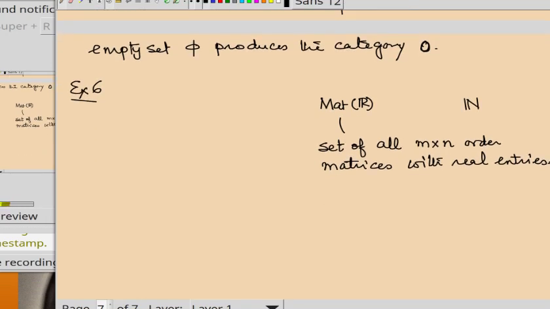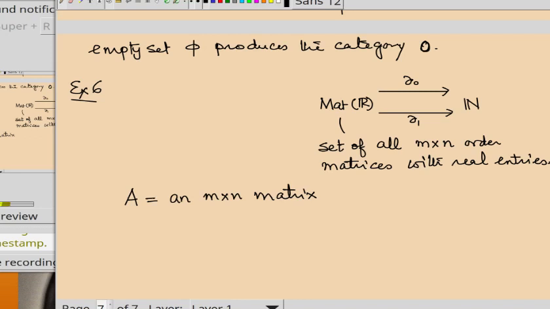Okay. Now what is this partial zero? So if A be an m cross n matrix, then I will say that partial zero of A is n and partial 1 of A is m.